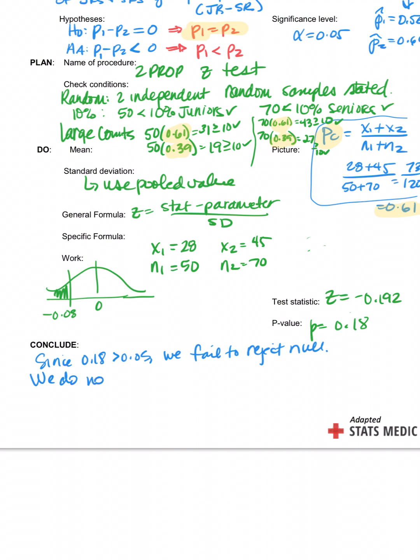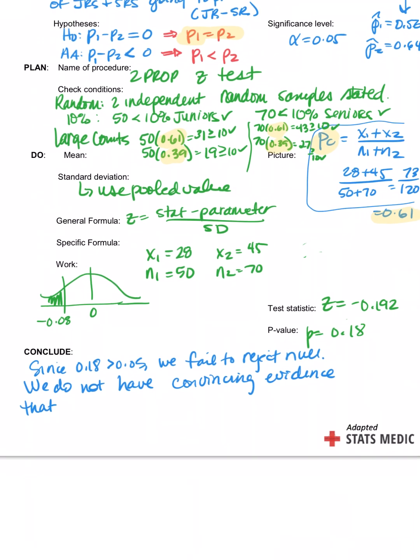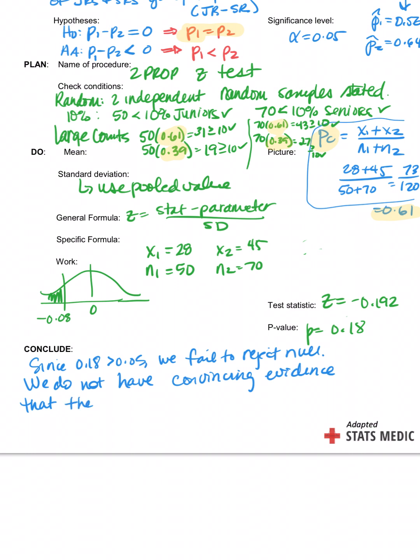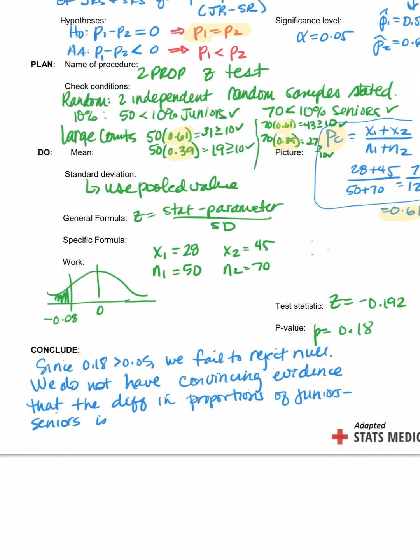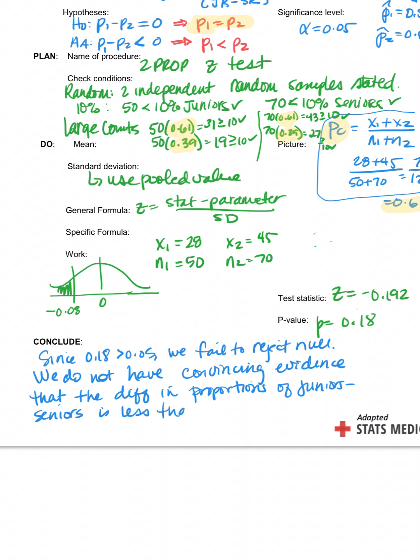We do not have convincing evidence that the true difference in proportions of juniors minus seniors is less than 0. So we're just mimicking the alternative hypothesis here.